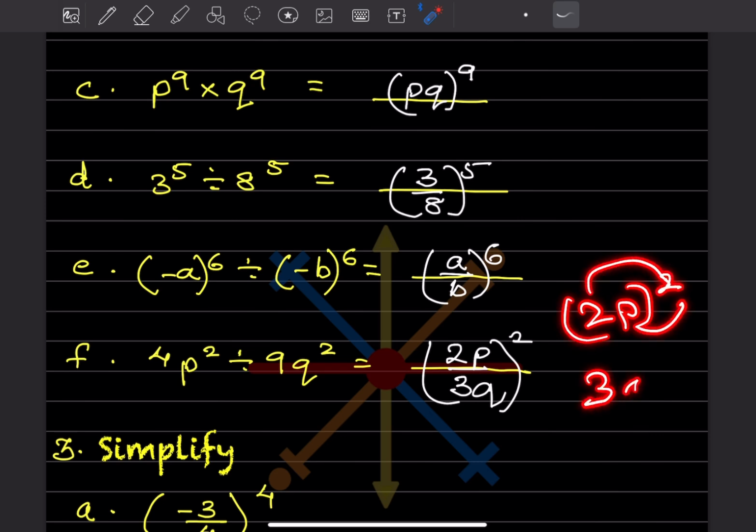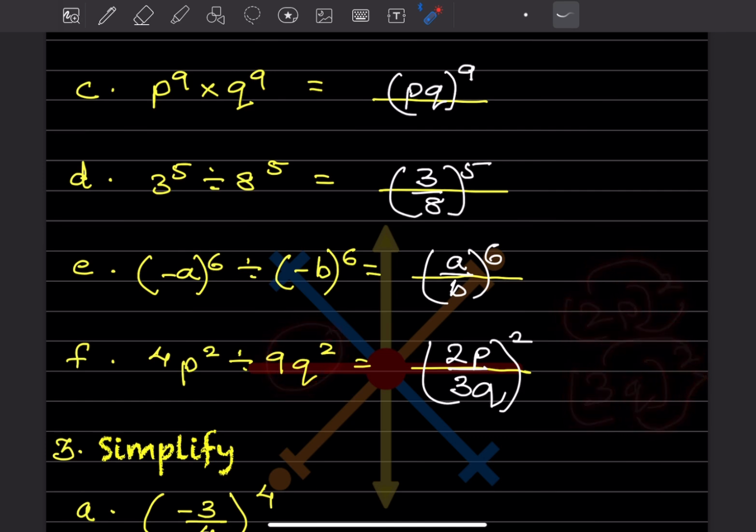When I write here 3q and square means that will be 3 3s are 9, so square means 9q square. So that is the same as this one.